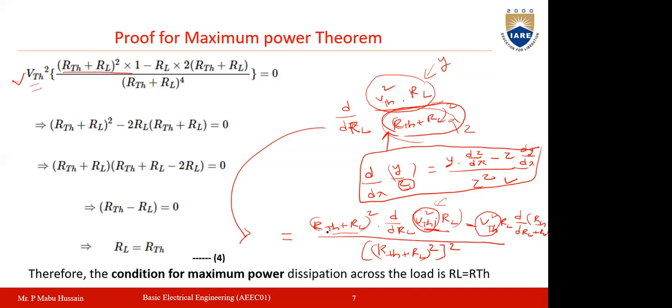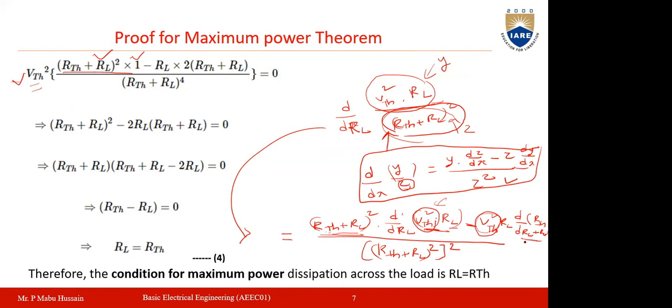Then you'll have (R Thevenin plus RL) whole square into d by dRL of RL, which will be 1, minus RL into d by dRL of (R Thevenin plus RL) whole square.